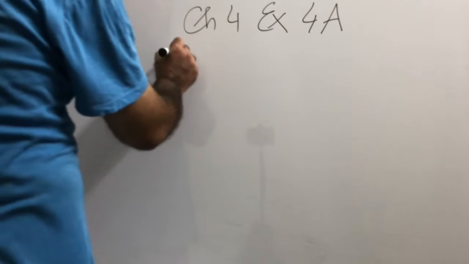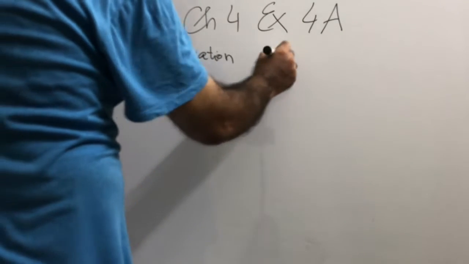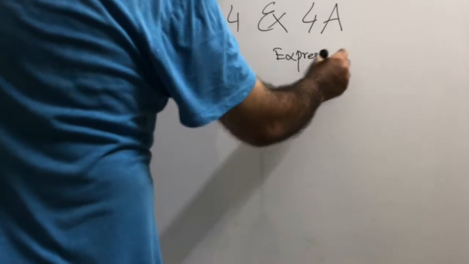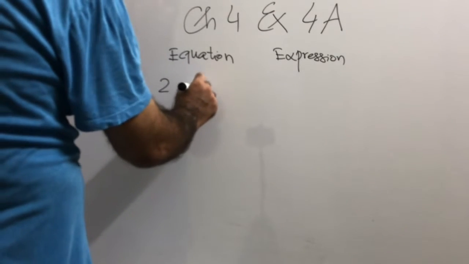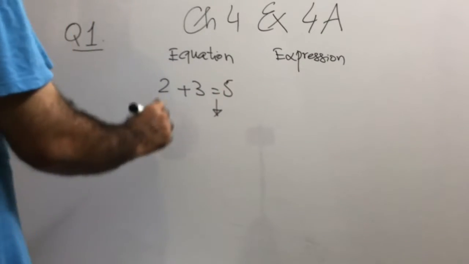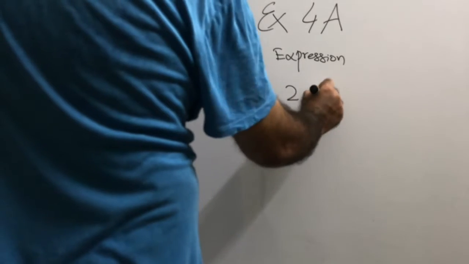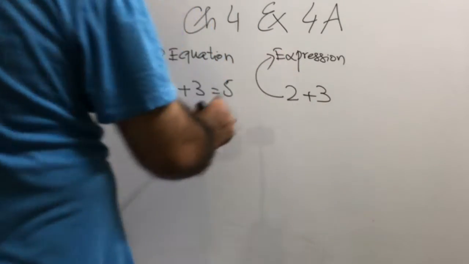So first, a quick review. Equation, expression. What is the difference? If I say 2 plus 3 is equal to 5, this already has an equal sign, so this is an equation. If I write only 2 plus 3, there is no equal sign, so this is an expression.